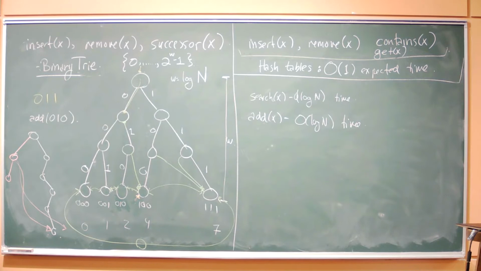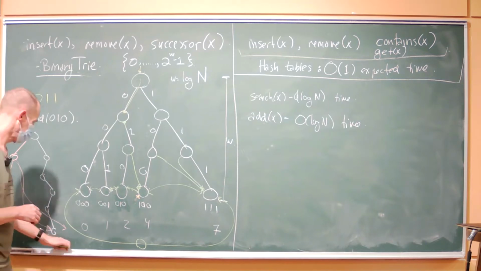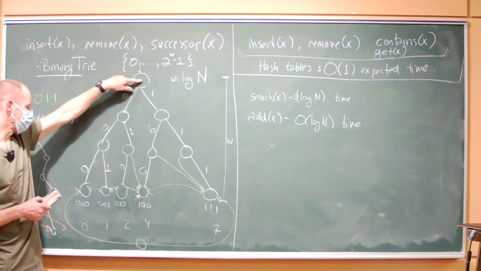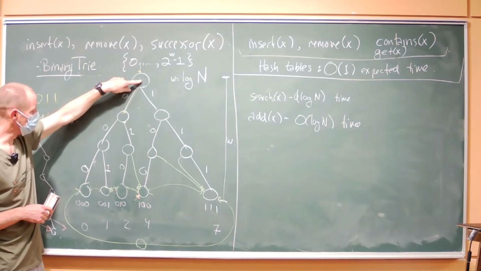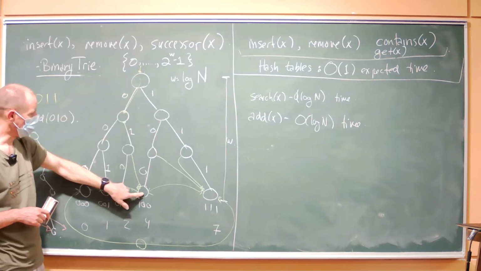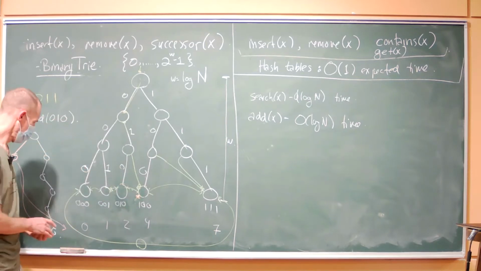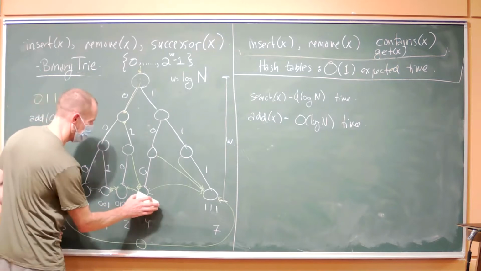And what about removing? Well, let's just remove something and see what we need to fix. So to remove something, you can assume that it's going to be there. So you search for it, you will find it at a leaf, and you're going to get rid of that thing.